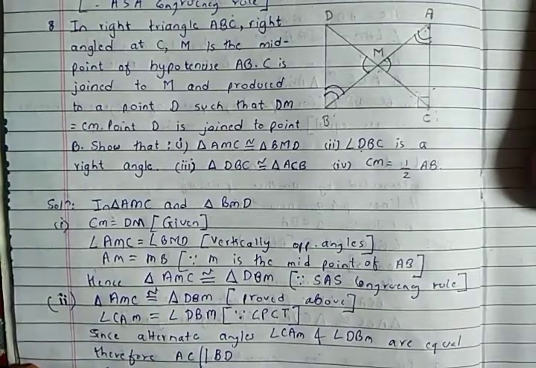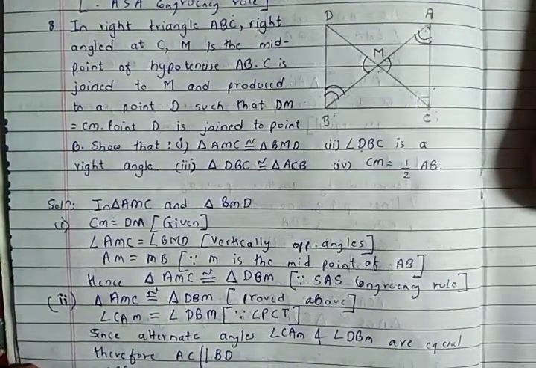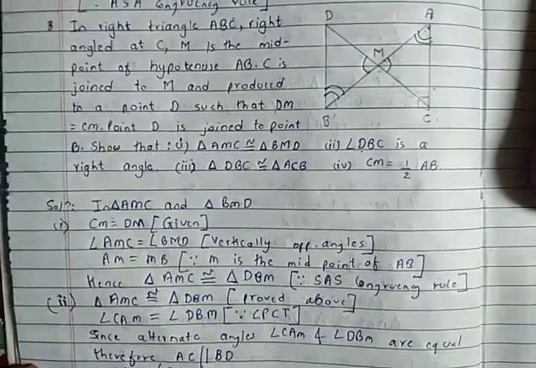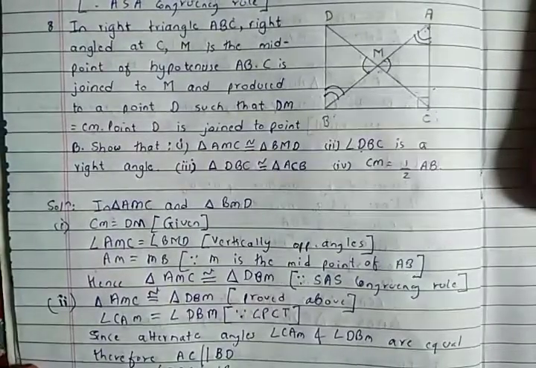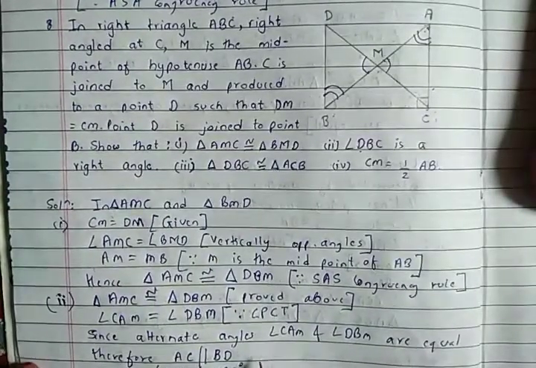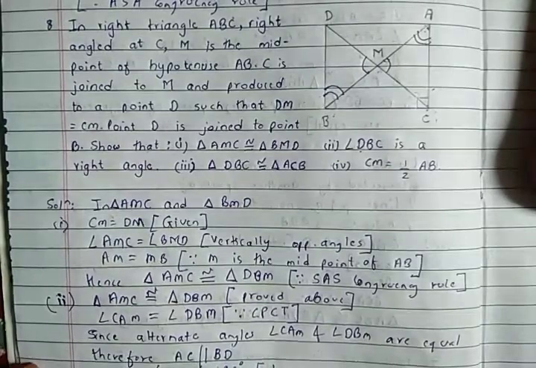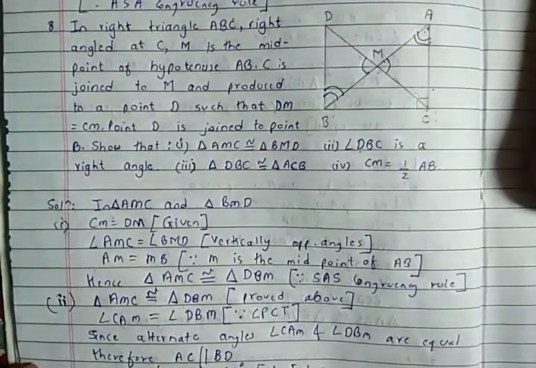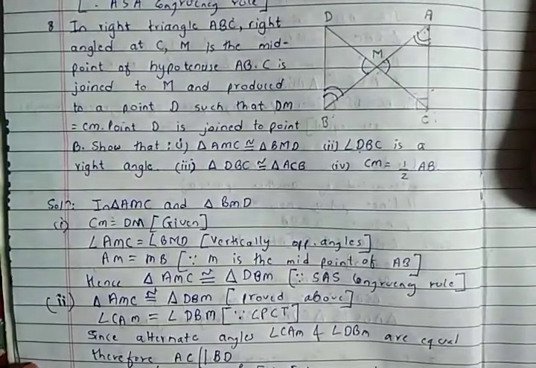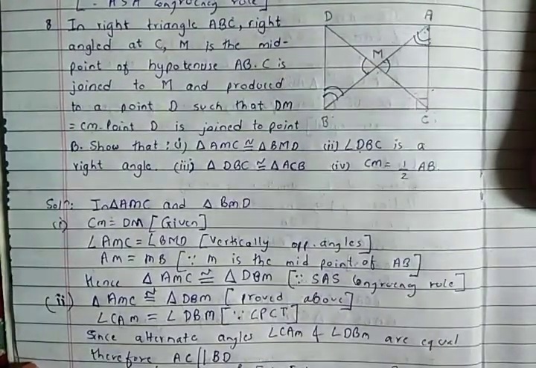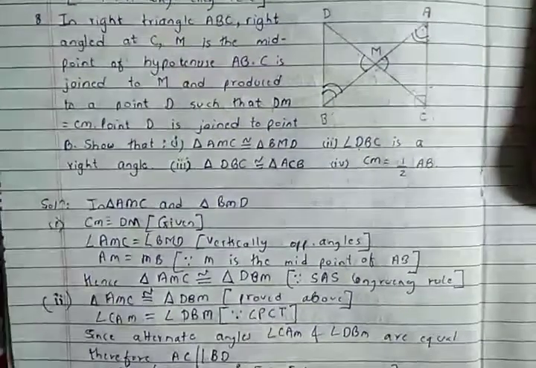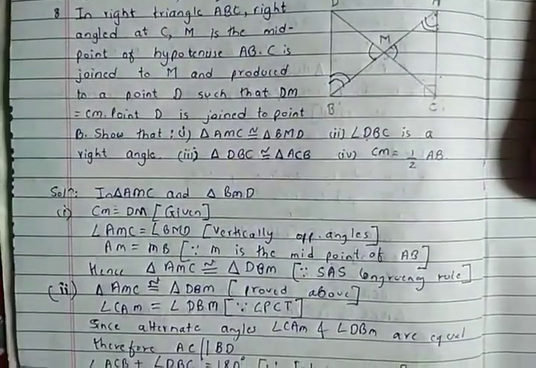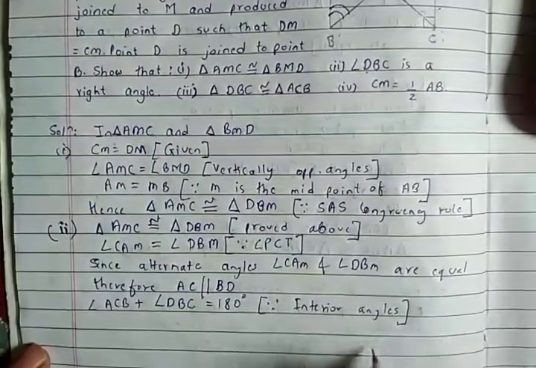Now angle ACB plus angle DBC equal to 180 degrees, because they are interior angles. So their sum will be equal to 180 degrees. Okay.